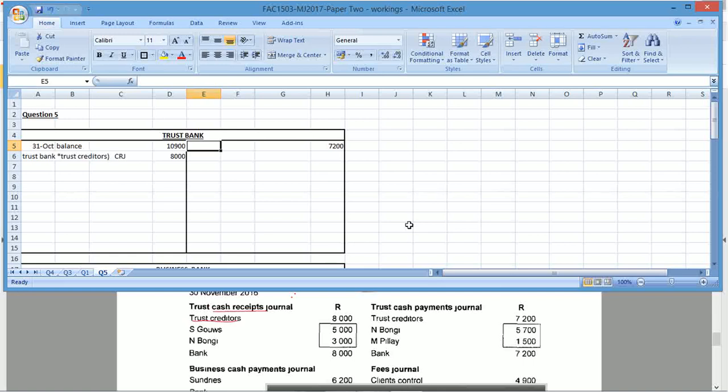Okay, so you're getting money from your client. Your client is using their money to pay for certain expenses. Okay, so that would have gone through the customer's accounts. Okay, the trust creditors. There we go.